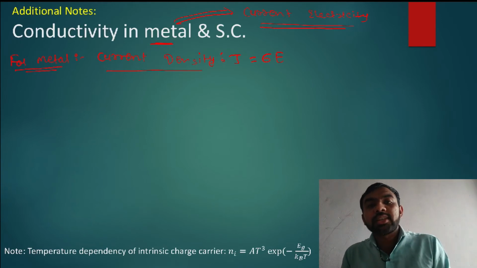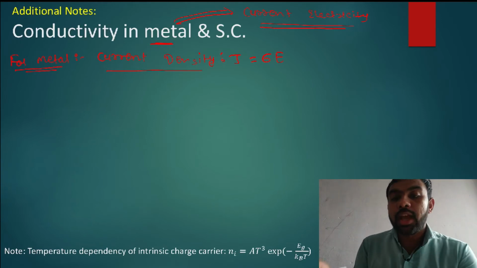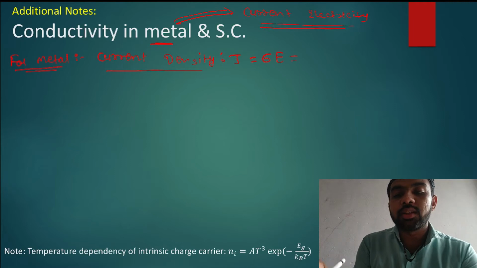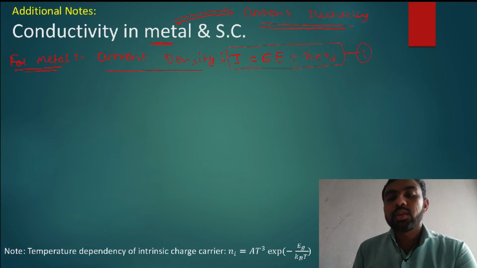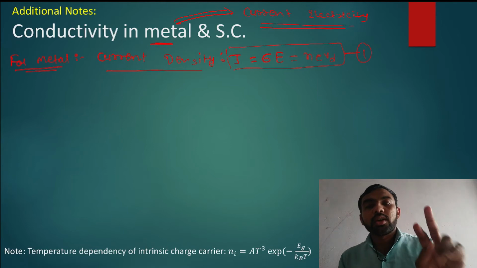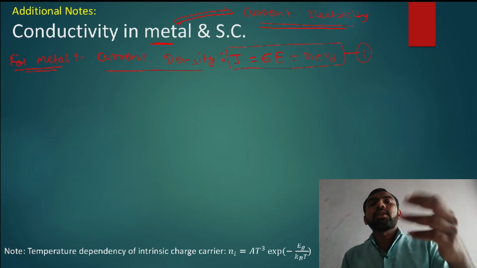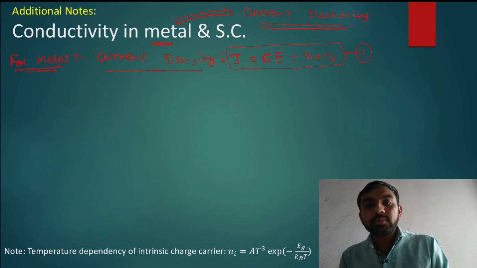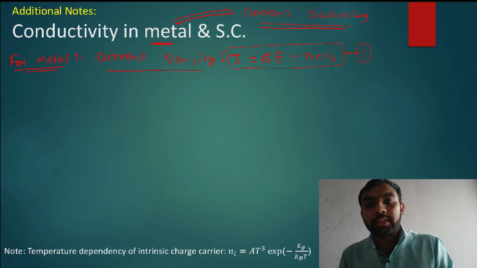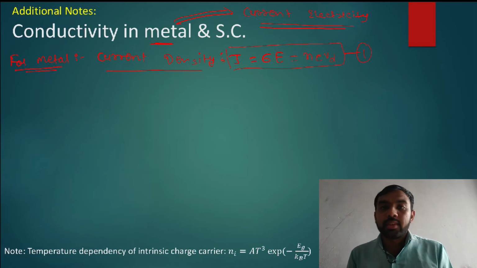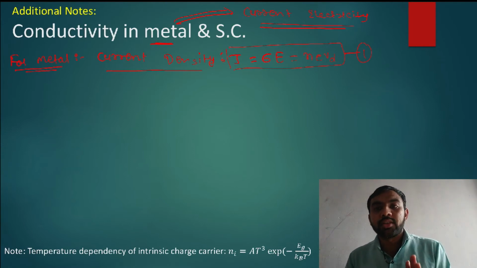Its other expression is NeVd. Consider it equation number 1. So we have two equations for the current density. Current density means current passing through unit area. This is the definition of current density.